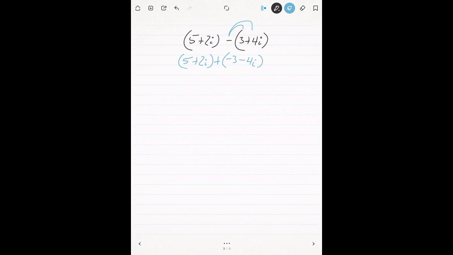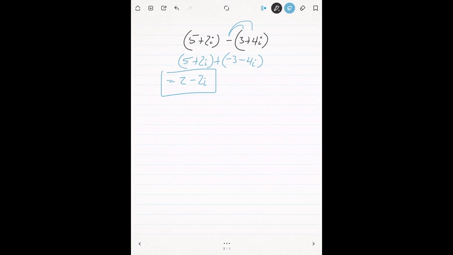Again, these are two numbers. 5 plus 2i is a number, and 3 plus 4i is a number. So let's go ahead and subtract them. 5 minus 3 is 2. And then 2i and negative 4i makes negative 2i. And this is our final answer. Again, it's just like combining like terms. Here we're just combining the like components.